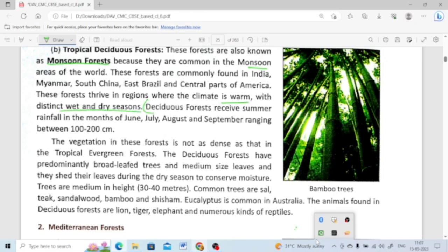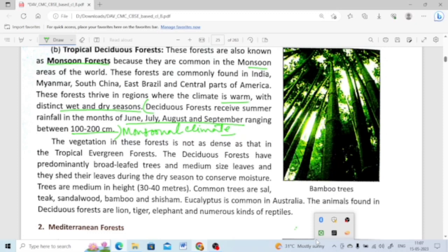Deciduous forests receive summer rainfall in the months of June, July, August and September, ranging about 100 to 200 centimeter. So where there is monsoonal type of climate, we can get tropical deciduous there. Most of our country has tropical deciduous type of climate, especially northern India.